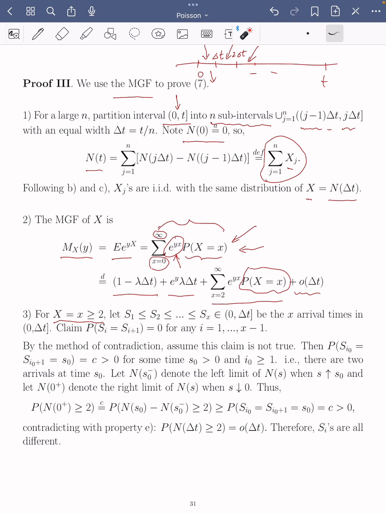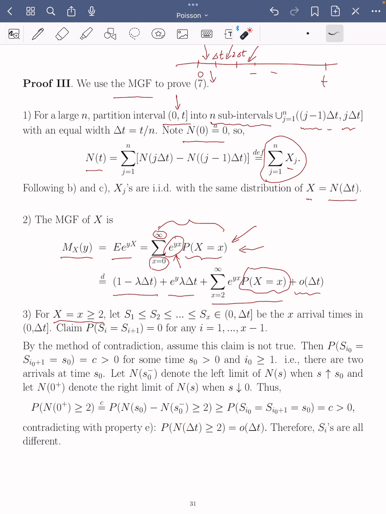Also define N0 plus to denote the right limit of N of s as s decreases to 0. Then we know that the chance that N0 plus is bigger than or equal to 2, because of the stationary increment, is equal to the chance that N of S naught minus N of S naught minus is bigger than or equal to 2.